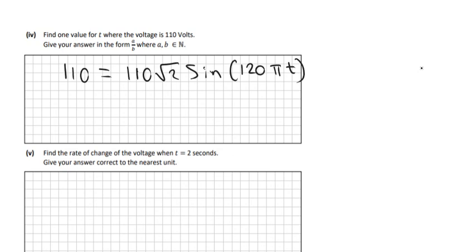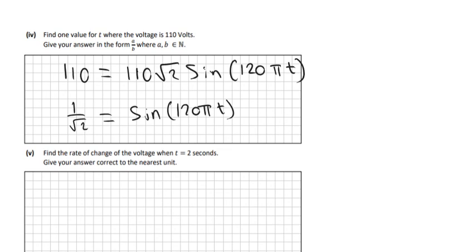If you divide by 110 root 2, the 110 will cancel out, so we just get 1 over root 2 is equal to sin of 120 pi t. So we're a little bit closer to getting what t is.